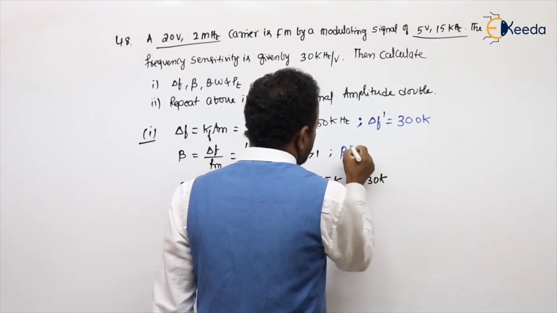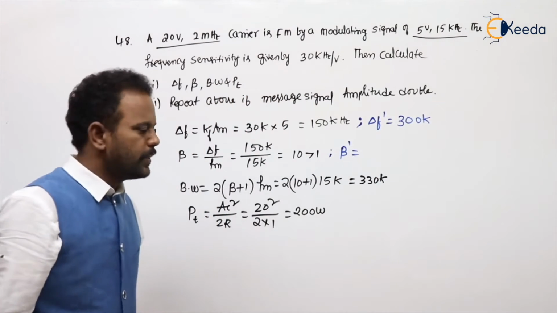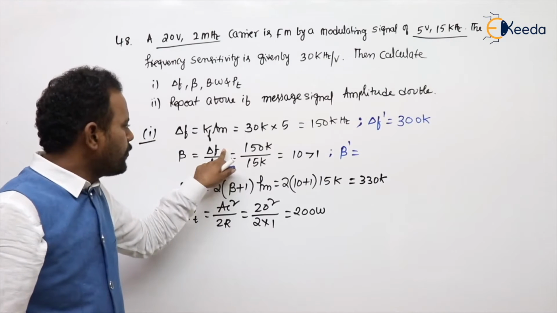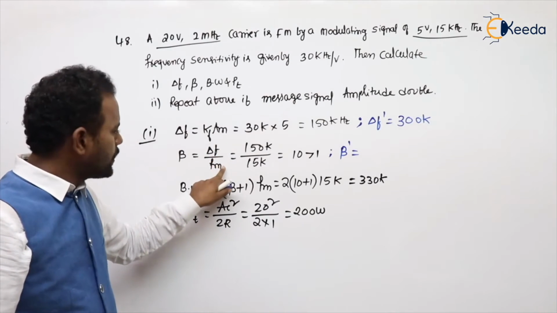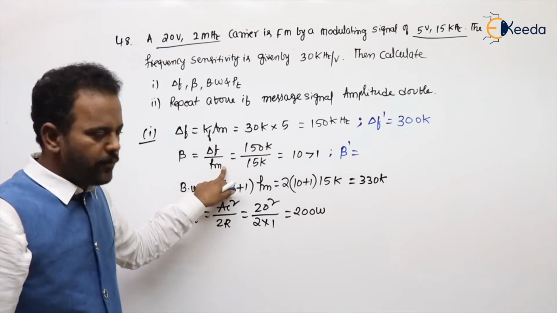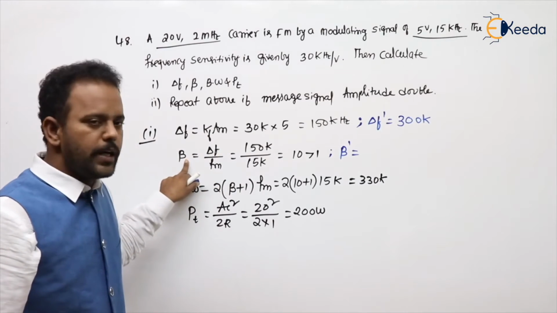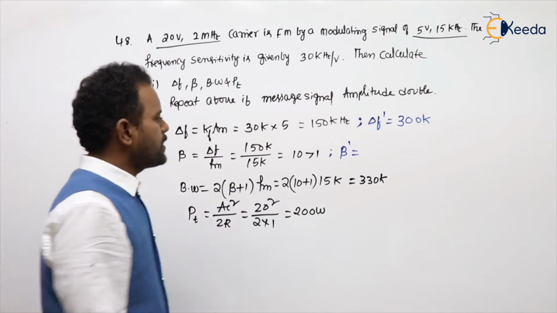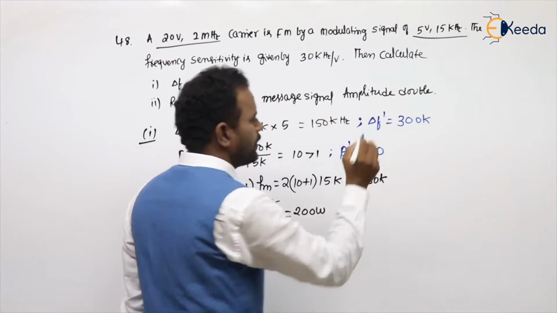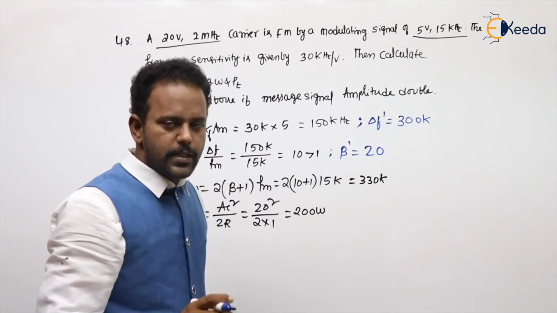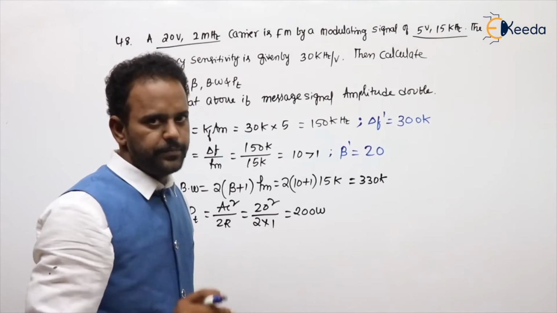Next, beta, new value beta dash. Here delta F is doubled, as we already saw. No changes in Fm; he doesn't say anything about Fm. Delta F doubled means obviously beta also doubles. Previously 10, now it will be 20. So you need to understand the modulation index also doubles.